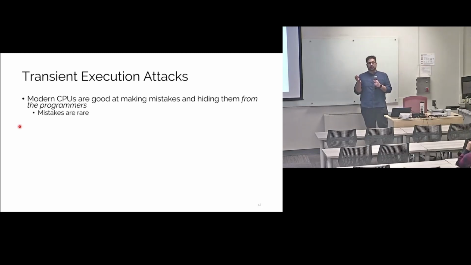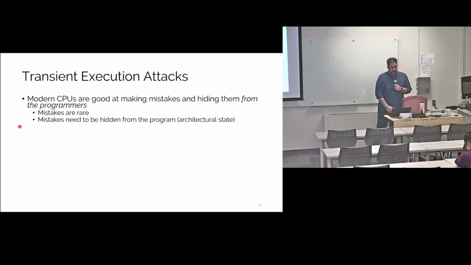Mistakes are rare, or I should say relatively rare, because that's how you're able to optimize for the common case. For example, if you're executing a loop 1,000,000 times and you predict correctly 1,000,000 times, you'll get a lot of performance benefits. And maybe 10, 15, 20 times at the end of the loop you mispredict, where you execute the loop again when you were not supposed to, that's just a little bit of a performance hit. Those are relatively rare, so you can just account for them and make sure that they work correctly.